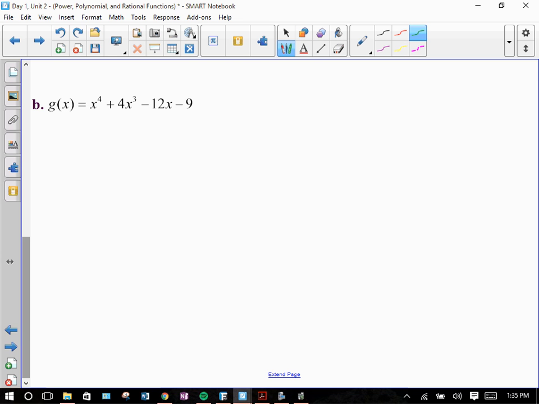We have to find P and Q. So first of all, let's write this down. Lucas, P is what? P is factors of the constant. Q is what? Factors of the leading coefficient.